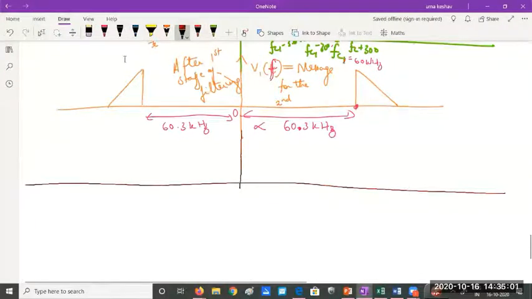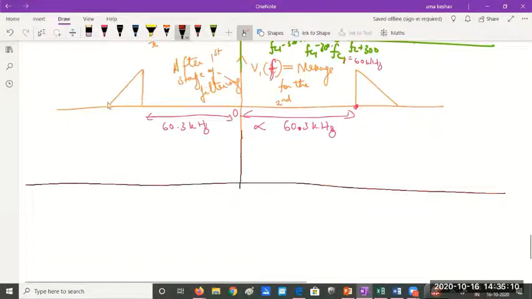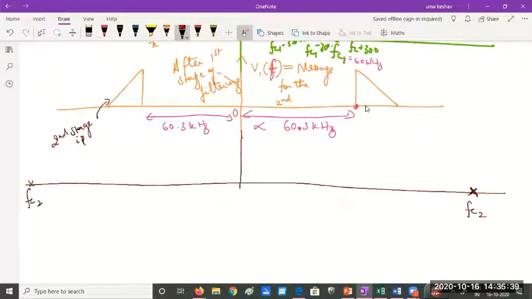Now this is the input to the second stage. The second stage carrier frequency is FC2, which is larger than FC1. So I have to use two stages only when I want a larger carrier frequency, a carrier frequency higher than 60K, usually needed in most communication systems. So you have to use two stages then.